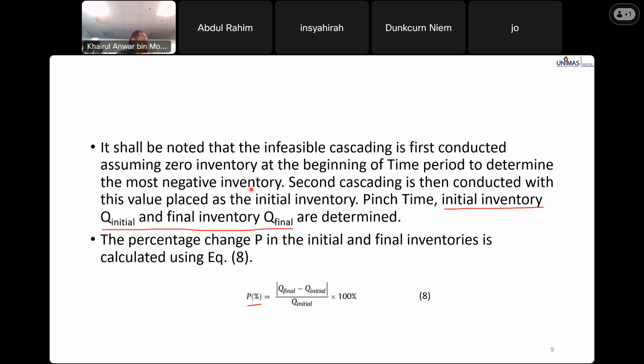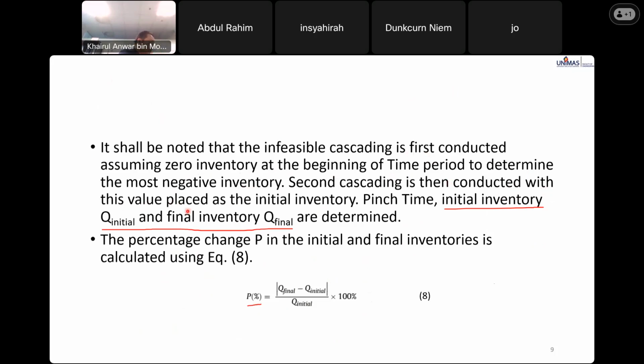In this case, referring back to table 5, the smallest one is 5084 at time slice 2. The second cascading is then conducted with this value.